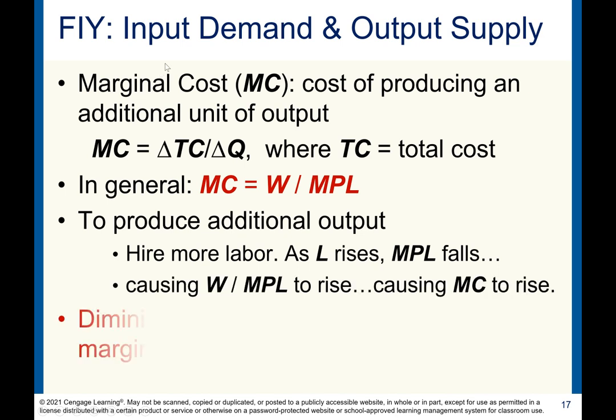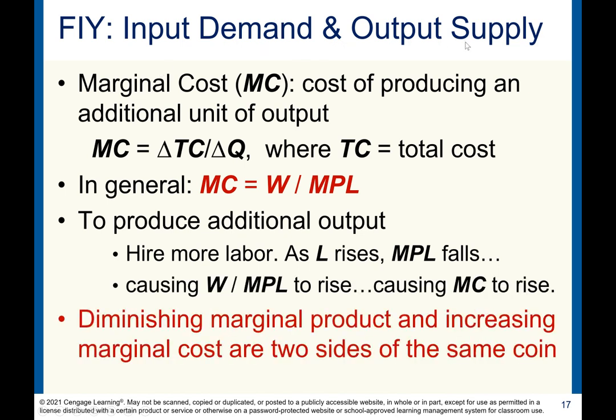For your information, input demand and output supply. Marginal cost, MC, is the cost of producing an additional unit of output. So MC is equal to delta TC over delta Q, where TC is the total cost. In general, MC is equal to W over MPL.